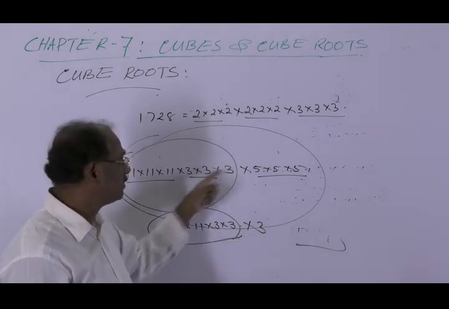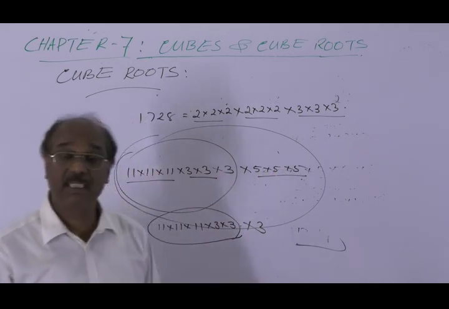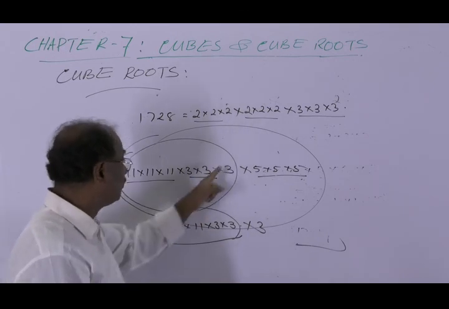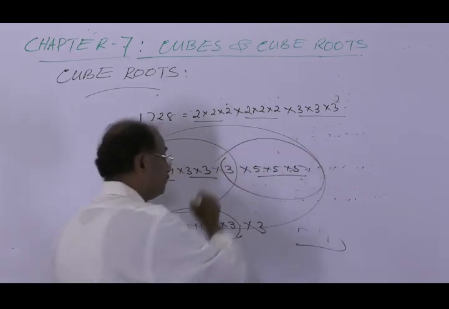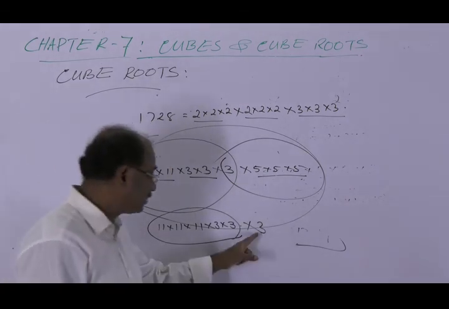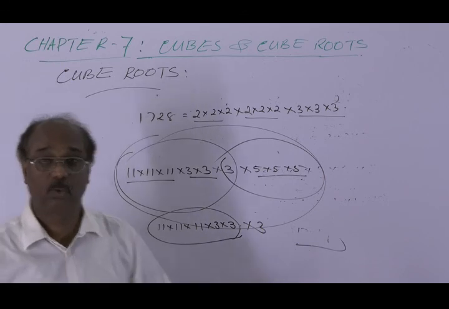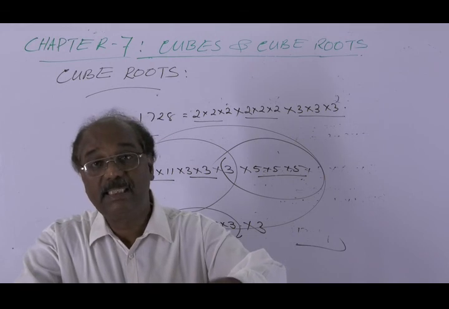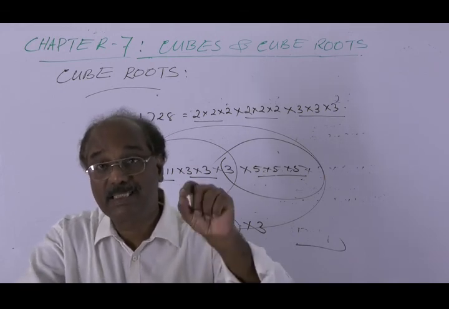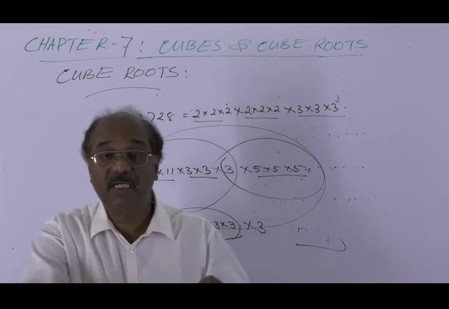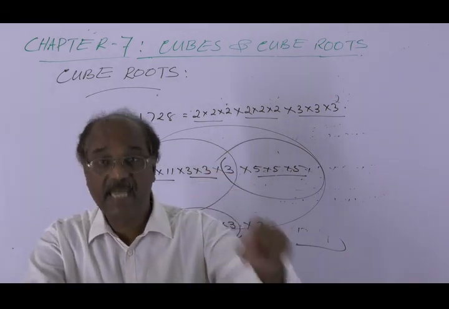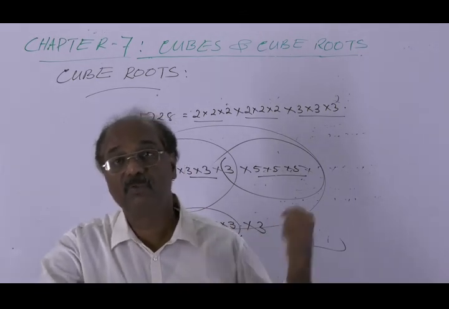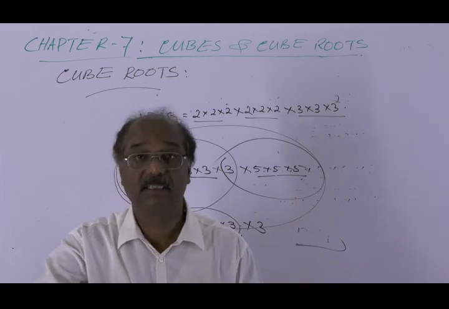If we again multiply this with 5 into 5 into 5, we get another cube, but that is not the smallest number. Smallest is this 3 alone. So this is the method to find the smallest number which when multiplied makes a given non-cube number a cube. We can use this in problems in the exercise.